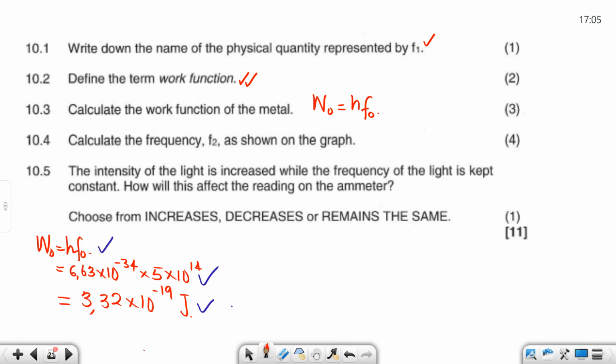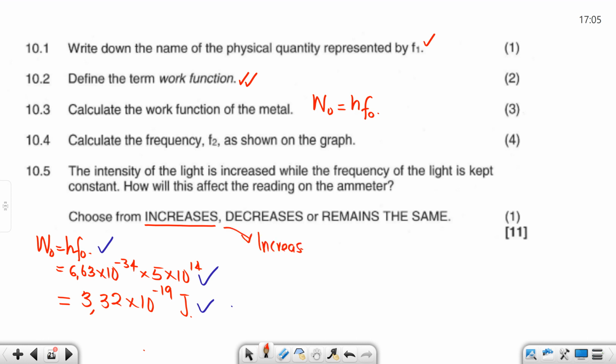Okay. The intensity of light is increased while the frequency of light is kept constant. How will this affect the reading on the ammeter? Every time I taught this, I explain it. Increase. Why will it increase? Other examiners would want that. What does intensity mean?